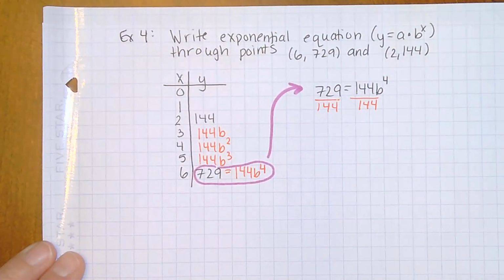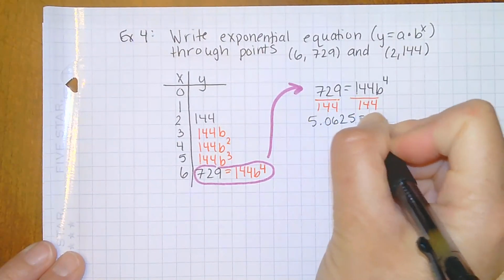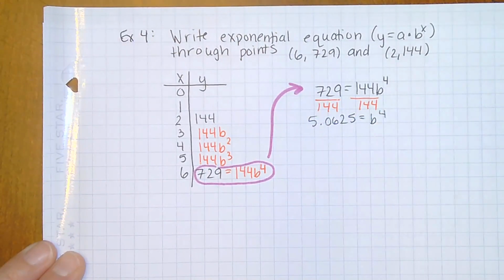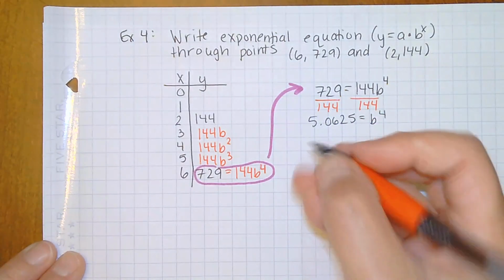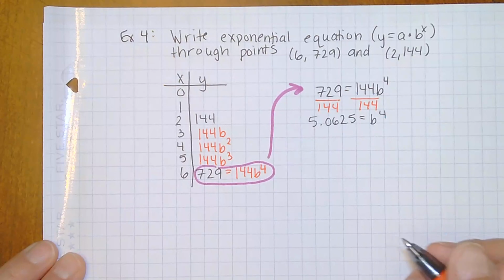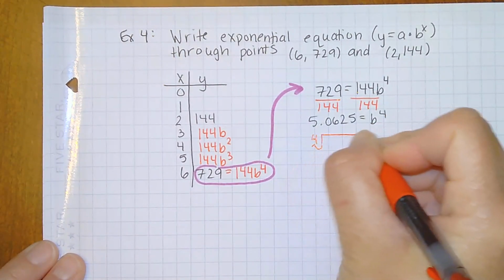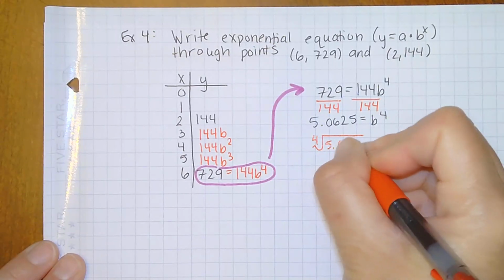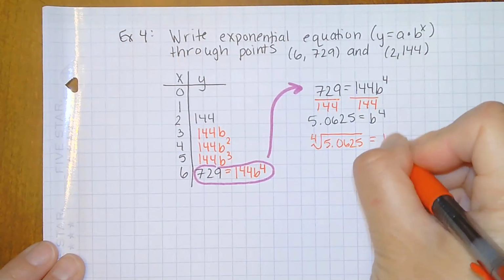So let me write that. 5.0625 is equal to b to the 4th. So then I'm going to take the 4th root, because this is a 4th power. It's not always a 4th power. These two examples just happen to be. So I'm going to take the 4th root of 5.0625, and I'm going to take the 4th root of b.